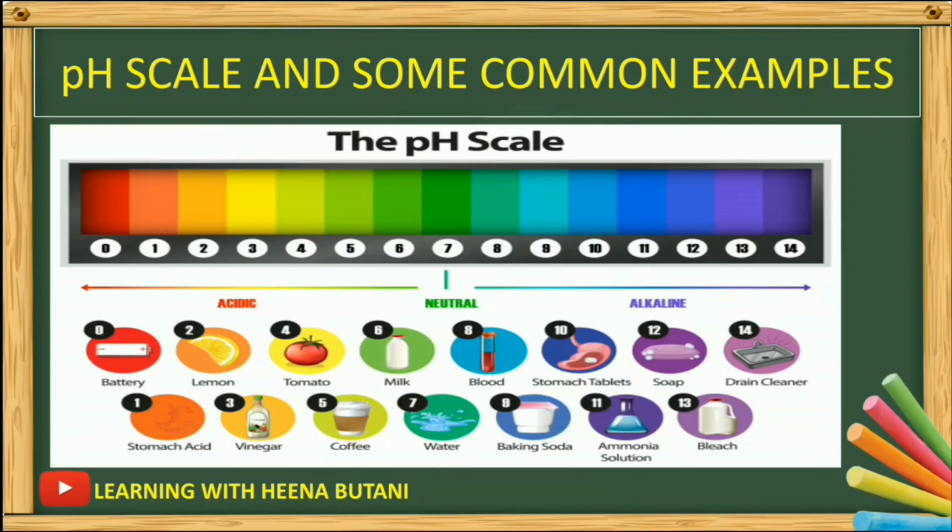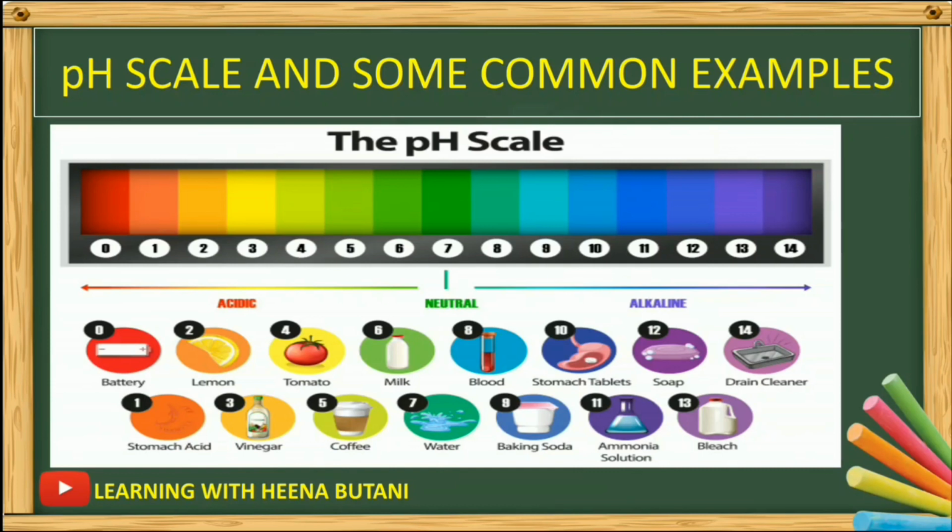A few examples are also given below the scale which we have seen in our daily life. The first example is the battery. Battery contains acid which has pH 0, it means a battery contains a strong acid. Then our stomach acid. The acid released in our stomach, that is hydrochloric acid, has pH 1.